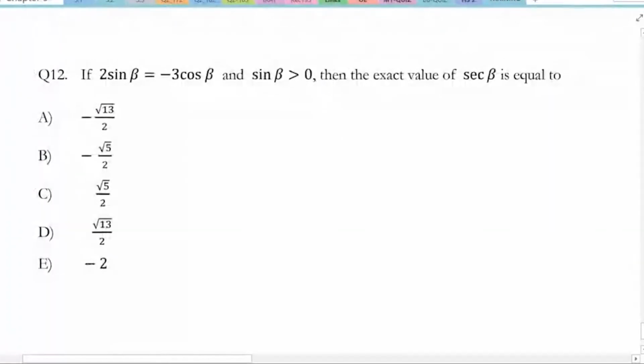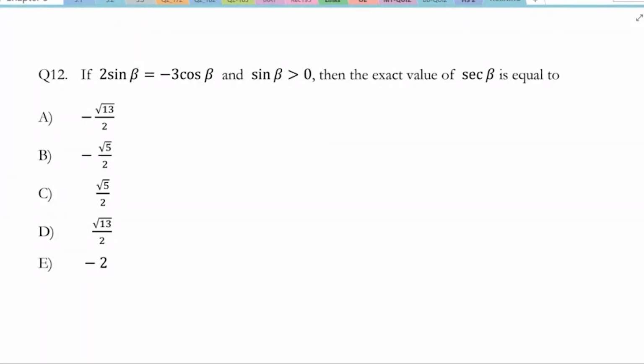Okay, now 12. Here the question says we have 2 sine of beta equal to minus 3 cosine of beta. Of course, this question we can solve in different forms. Here we can decide to divide both sides by sine, or we can divide both sides by cosine. The choice is ours.